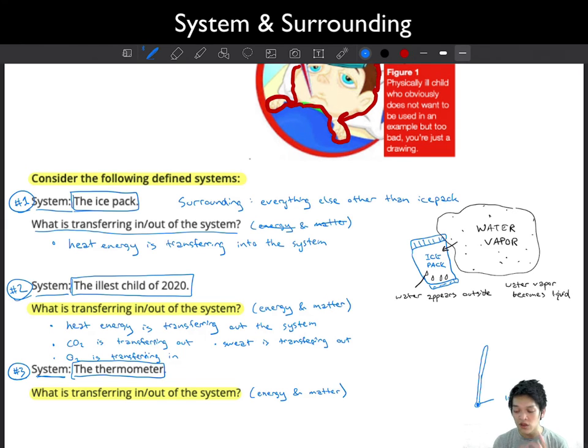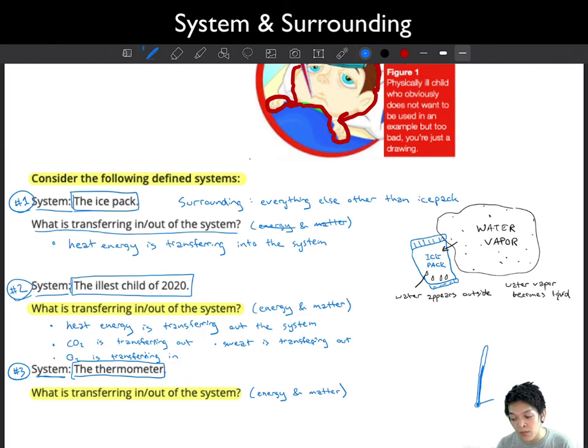If it's literally moving faster, those alcohol molecules are bumping into each other in the bulb. They bump into each other so much that they start to push the rest of the alcohol molecules up, and it causes the thermometer to go up in temperature. That's literally what happens when the alcohol absorbs thermal energy.